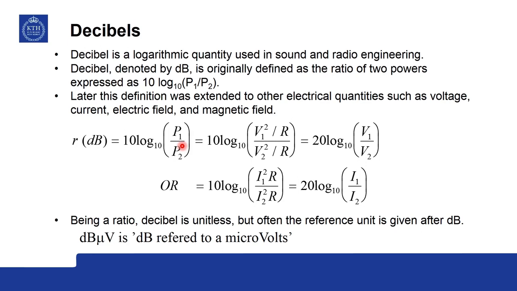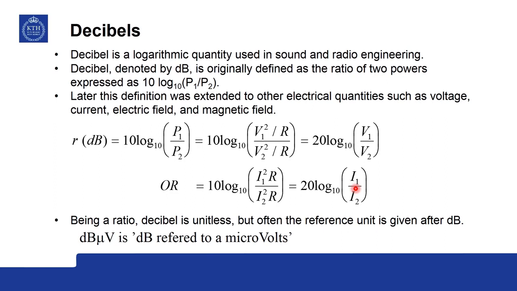The reason for that is, for example, power is given by V squared by R, where R is the resistance, or I squared R, where I is the current. So, here you can see V squared and here you can see I squared. Then this 2 is taken over here to become 20 log V1 by V2 or 20 log I1 by I2.